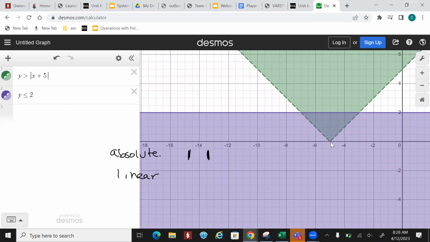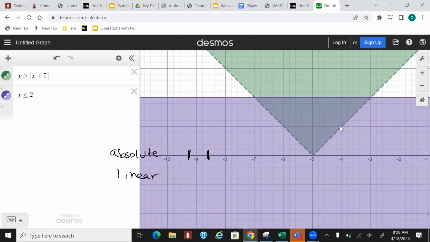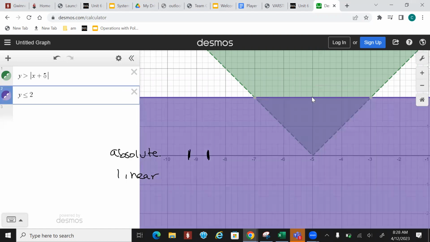So like a point would be like -5, 2, or -5, 1. -4, 2 would not be on this because it's on that dash line. You see it? Okay. So -4, 2 would not be a solution.